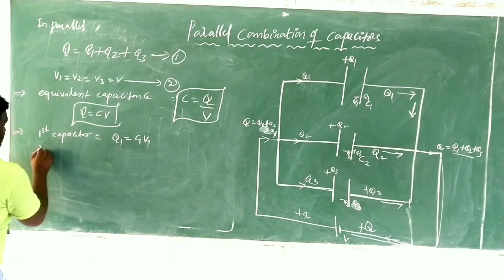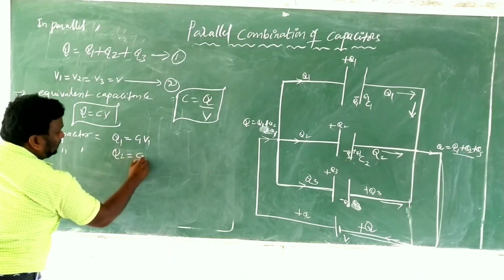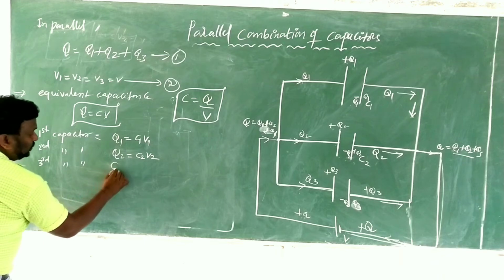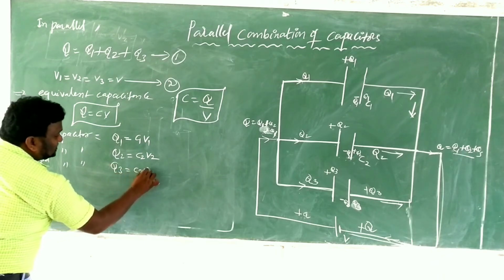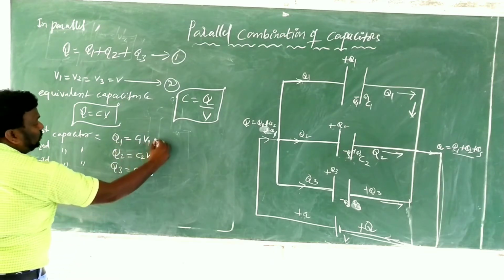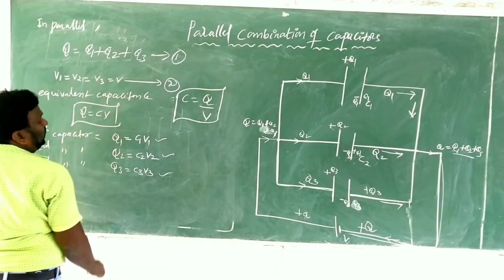And similarly, for the second capacitor, Q2 is equals to what? C2 V2. And now for the third capacitor, Q3 is equals to C3 V3. Clear? So now substitute these values Q1, Q2, Q3 in equation number 1.